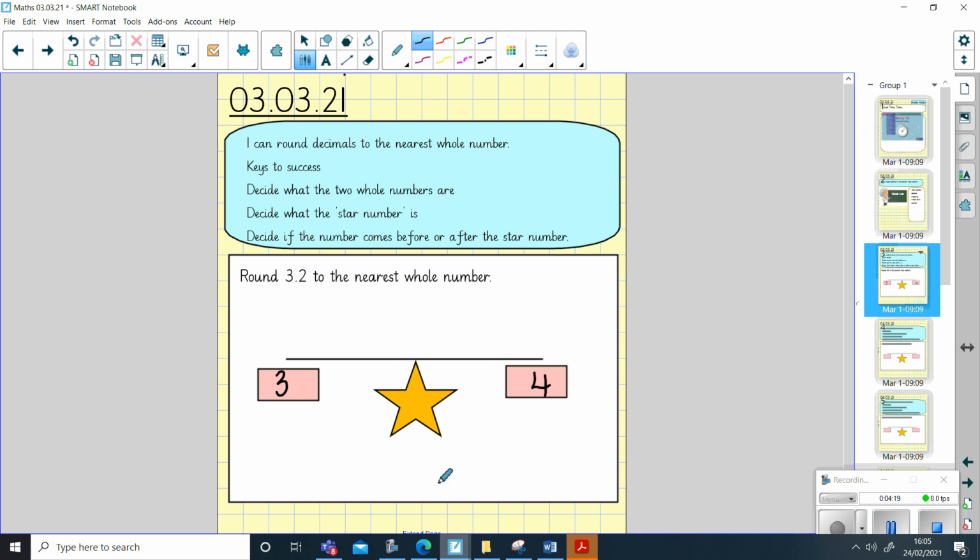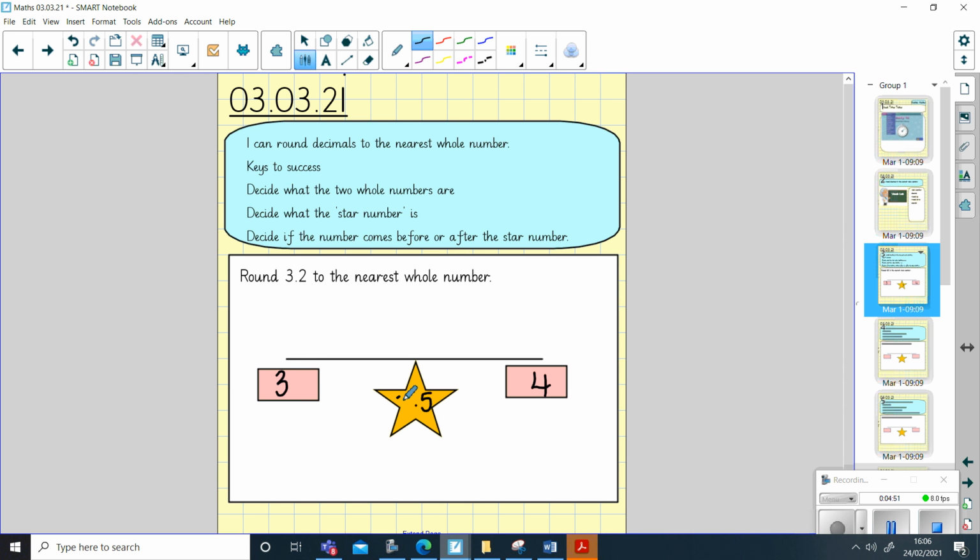And then I've got a star in the middle. Now, when we're rounding, we always think about the magic number 5, don't we? We always say if it's a 5, 6, 7, 8 or 9, we round up. Well, this is exactly the same, and we always think about the halfway point. So half as a decimal, remember, is 0.5. So every number that goes in this box is always going to be something 0.5, and it's always going to be this number here.